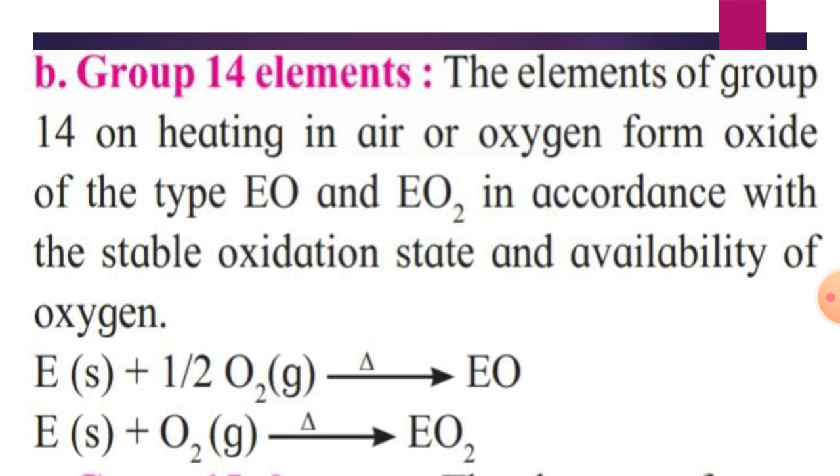Okay, there are two criteria: oxidation state and availability of oxygen, due to which these elements, on reaction with oxygen, get converted into the respective oxide, in the form of EO or EO2. Let's see the reaction.